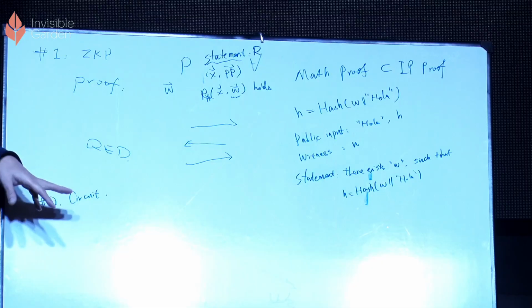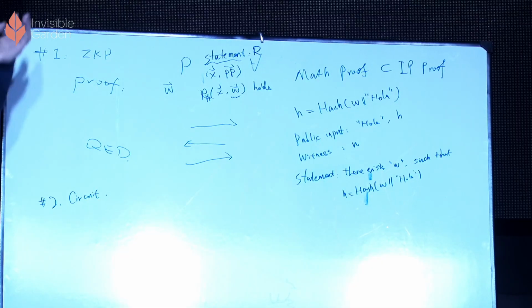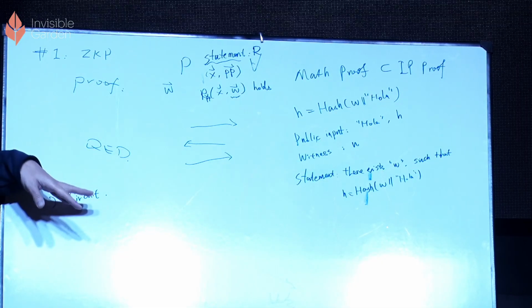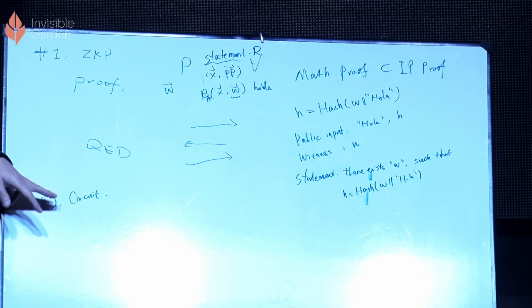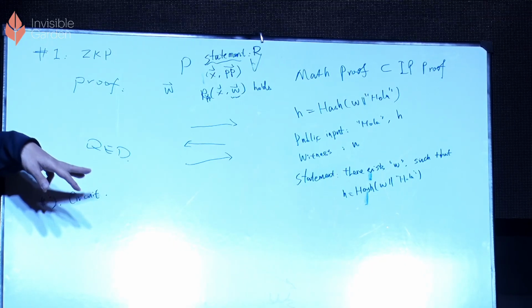So why should we use circuit instead of anything else? Currently we have another option, like we can use a zkVM, but the idea is similar.